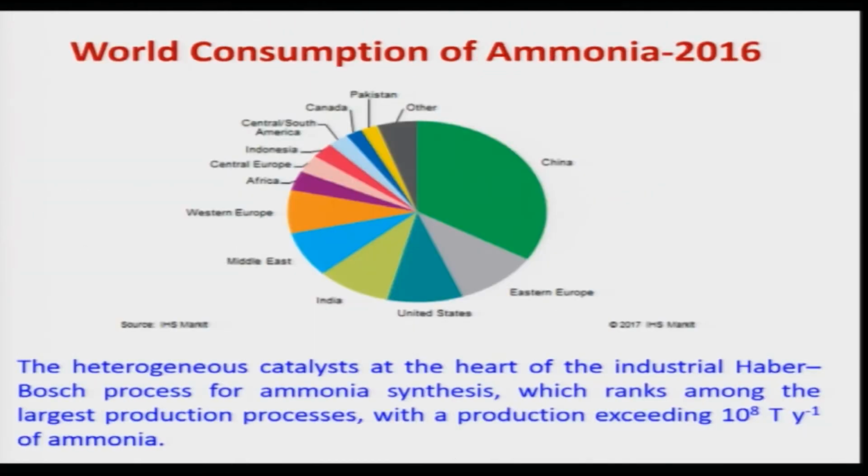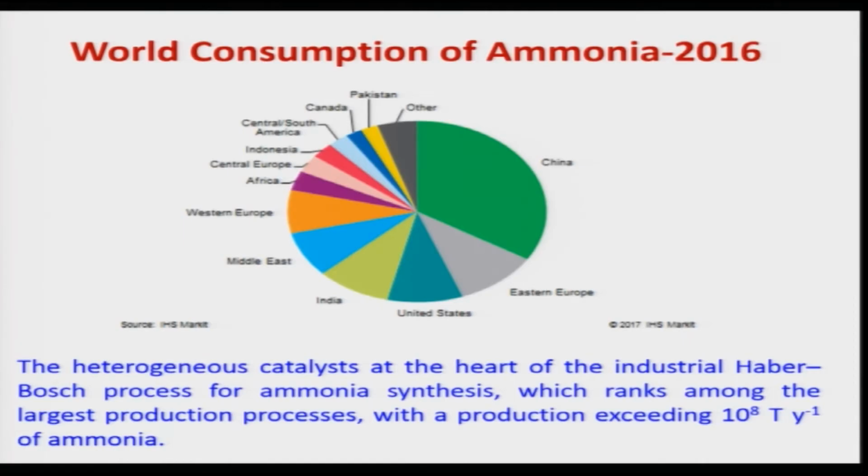Now, if you look at the world consumption of ammonia, you see that China is consuming a huge amount of ammonia, followed by the United States, India and European countries. All farmers utilize this ammonia, and they produce lots of nitrogenous fertilizer for their agriculture.